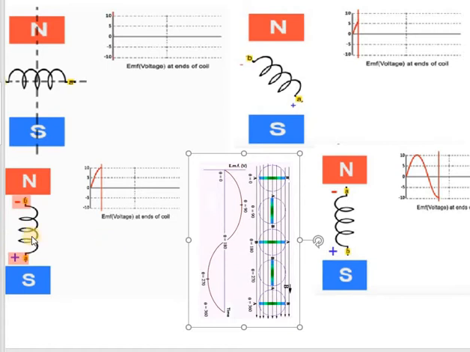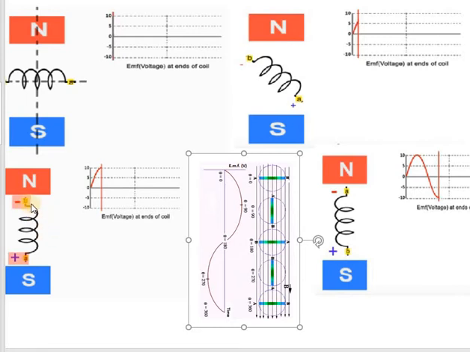It cuts the magnetic field at the greatest rate. Hence, the induced EMF is at the maximum at this position. So as the coil moves from this position to this position, the rate of EMF produced is at the greatest.